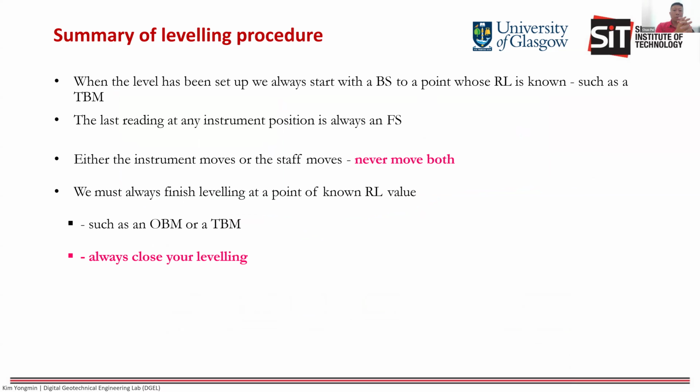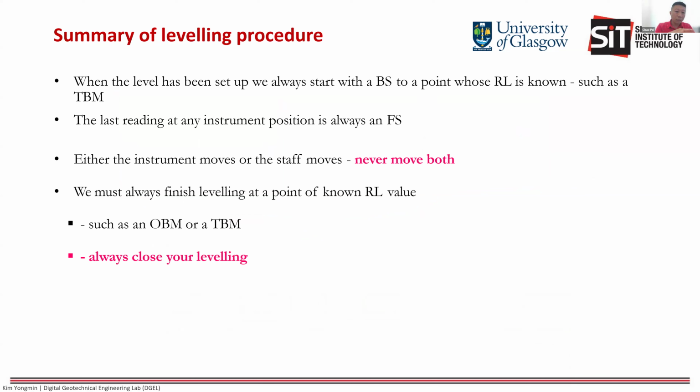Okay, so now let me give a brief summary of the leveling procedure. First, when the auto level has been set up, you always need to start with a backsight on a known point, which is a benchmark.